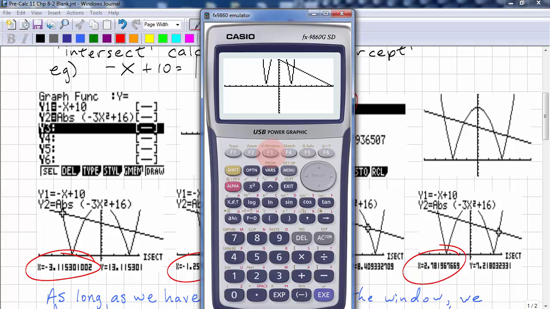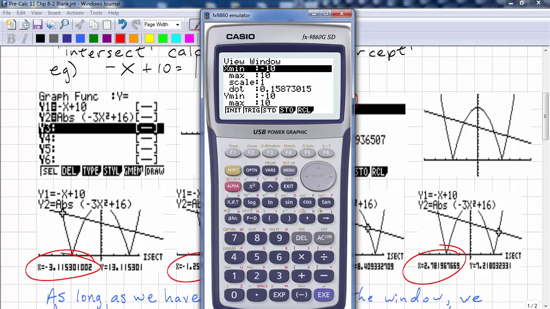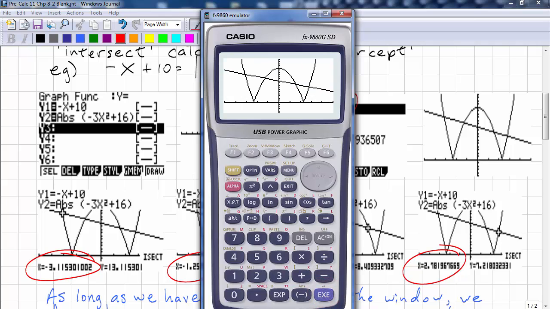Okay, again, we need to adjust our window, F3, negative 5, 5, and negative 5 to 20. And execute, and execute. And to solve, we press F5, and we're looking for intersect. It's F5 again. There's our first one.